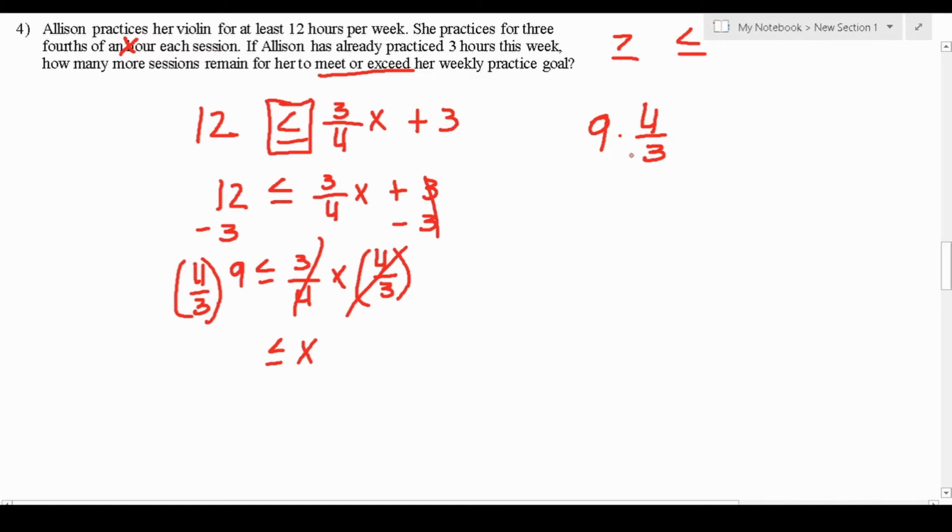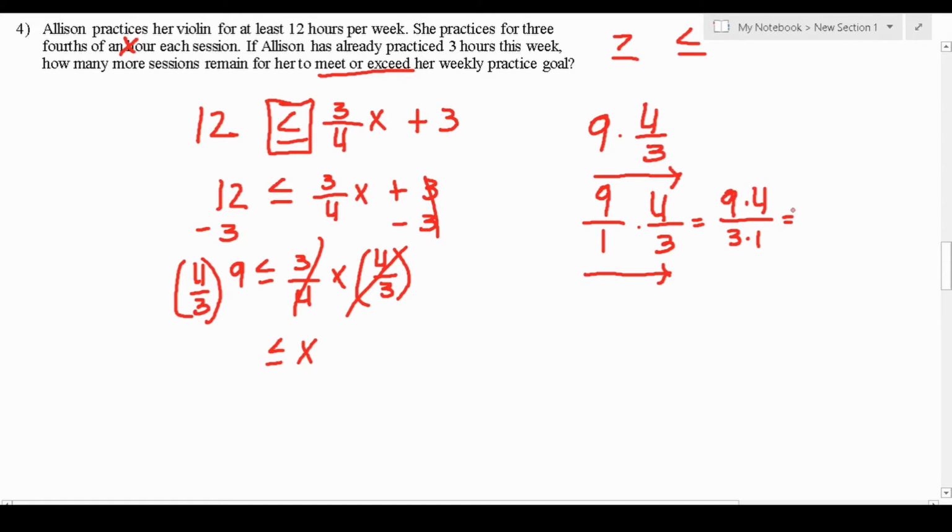In case you haven't done this in a while, we can rewrite 9 as a fraction by simply placing it over 1, which will allow us to do this pretty quickly. And now we're doing multiplication with two fractions, in which case you multiply straight across. That is, you do 9 times 4 over 3 times 1.